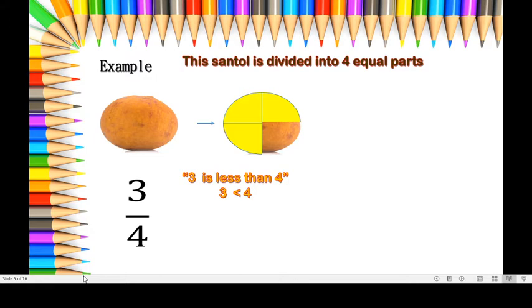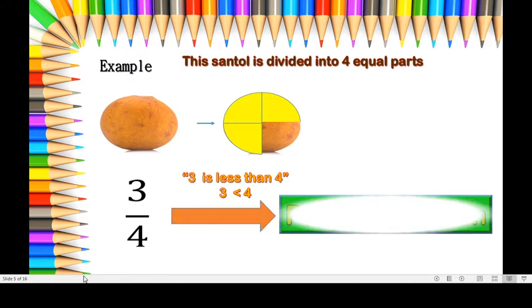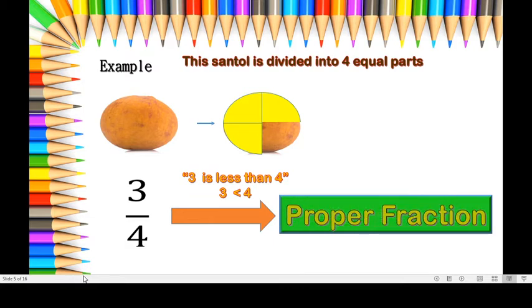Thus we say 3/4 is a proper fraction. Again, when the numerator is smaller than the denominator, we call it a proper fraction.